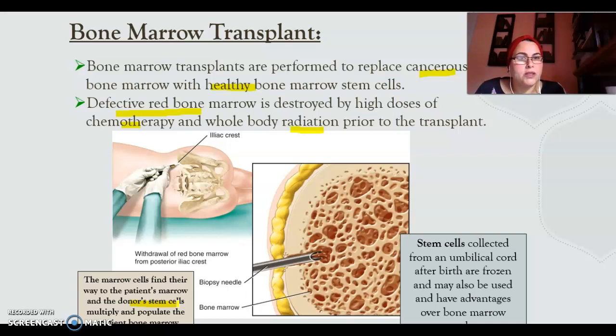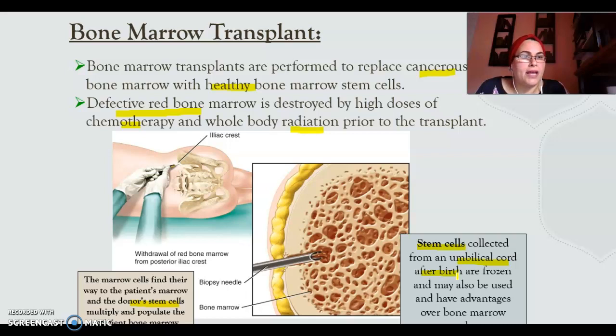Another way to deal with cancerous bone marrow is to use stem cells collected from the umbilical cord after birth. And scientists found out that this is a much easier and more beneficial way. Why? Because these stem cells are numerous, a lot of them.